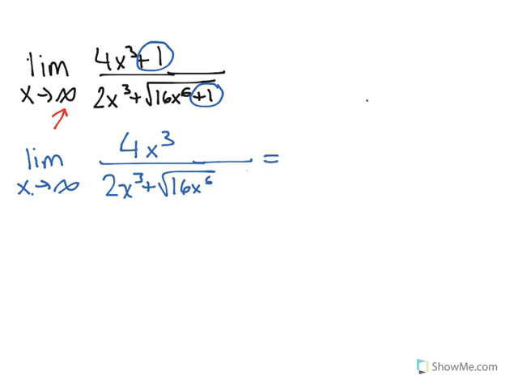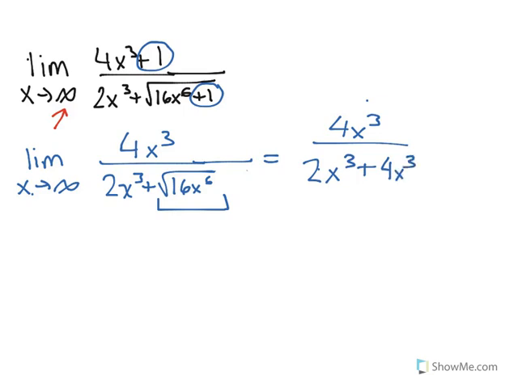Because we're taking the square root of 16x to the 6th and x is greater than 0, this is just going to stay positive. So it's 4x cubed over 2x cubed plus 4x cubed.